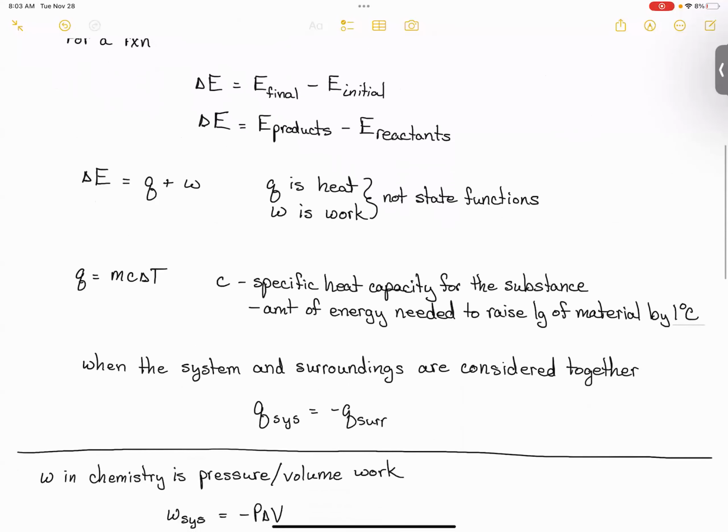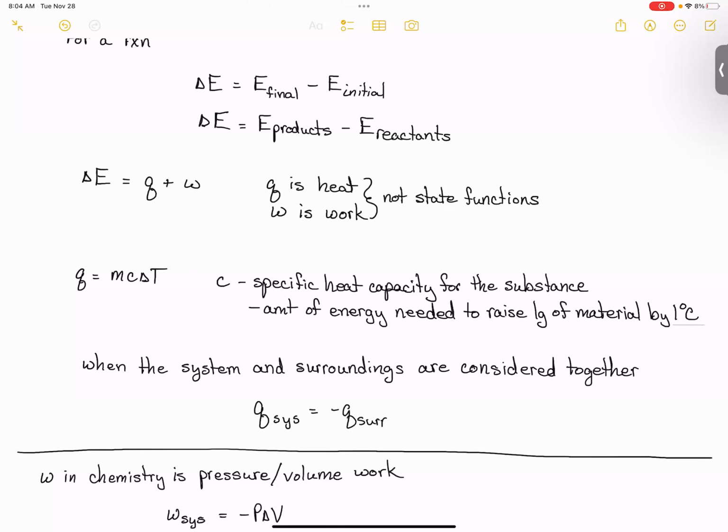So when we talk about the energy of a reaction, again, it is a state function. Energy is equal to Q plus W, where Q is equal to the heat of the reaction, and W is equal to the work that the reaction performs. Q and W are not state functions, so they are dependent upon the path that it takes. Now, Q, the heat, can be calculated using Q equals m c delta T, where m is the mass of the material, c is the specific heat capacity, and delta T is final minus initial for your temperature.